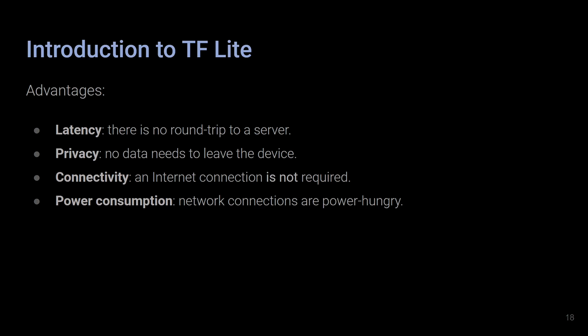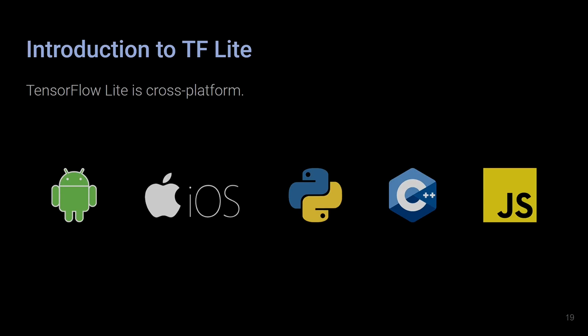In summary, after taking this course, you'll be able to develop mobile apps powered by machine learning models that have all of those advantages. Besides all of those benefits, tflite is also cross-platform. You can use TensorFlow Lite to deploy your TensorFlow model to Android, iOS, Python, C++, and JavaScript environments easily and following the same pipeline.